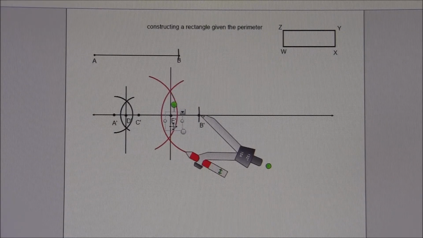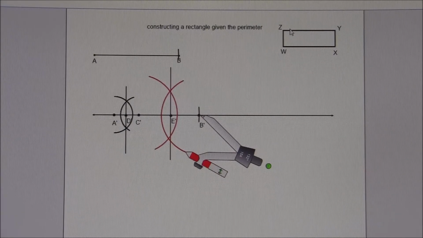Put it right here. So now C prime E prime, this distance is like WX, and E prime B prime is ZY. So now I need to construct this rectangle.